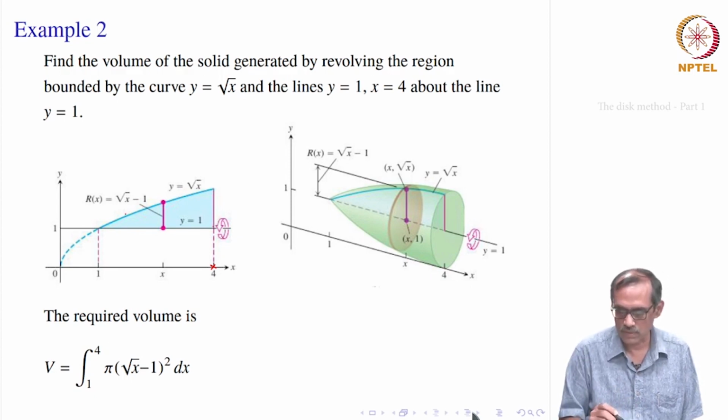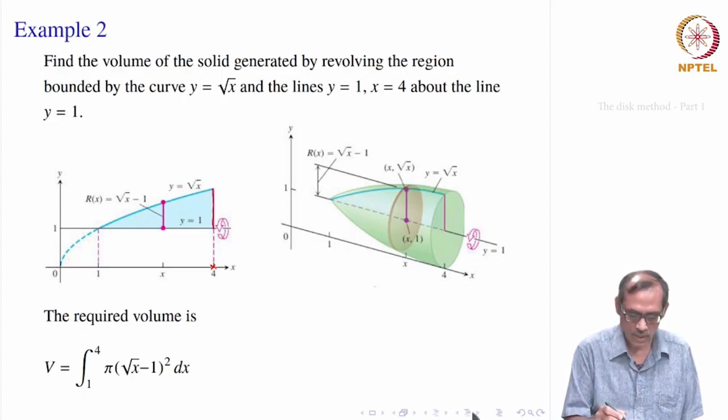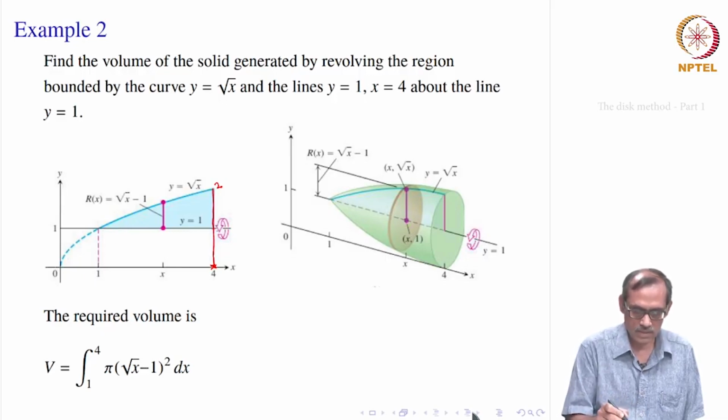Once you revolve it around this, this value is at 4. So, this height is 2. Therefore, once it is y equal to 1 and it is revolved around, this is the other height, which is also 1. This total height is 2, so this is also 1.